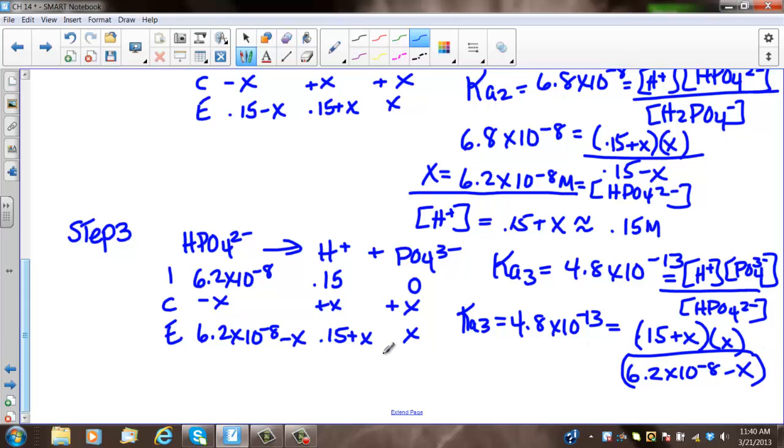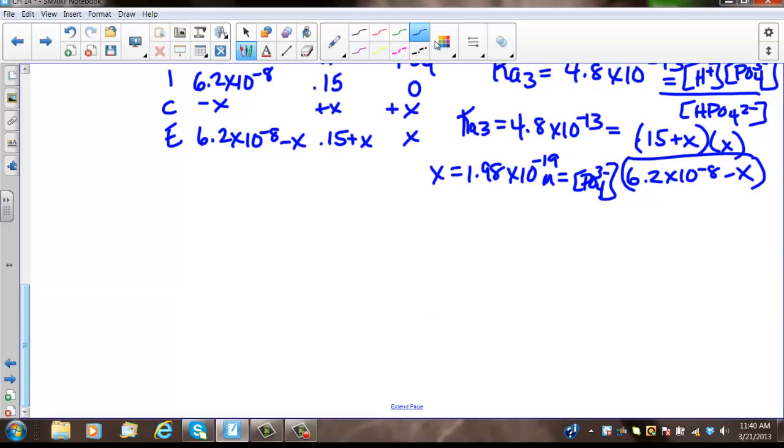Putting all of that into my solver, I get an x equal to 1.98 times 10 to the negative 19th molar, which is equal to my PO4 3 minus concentration. And we know that my H concentration is still approximately 0.15, because this number is even smaller. This x value, 0.15 plus 1.98 times 10 to the negative 19th, is going to have no bearing on the molarity, and therefore is 0.15.